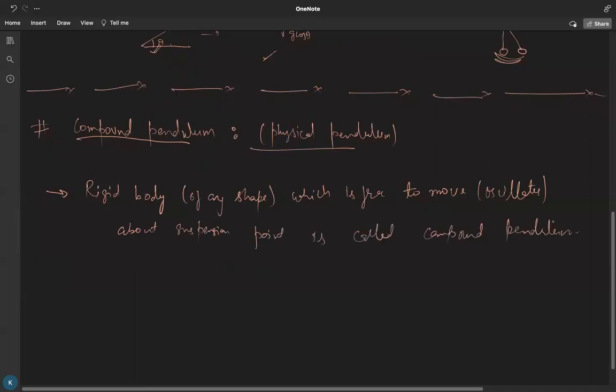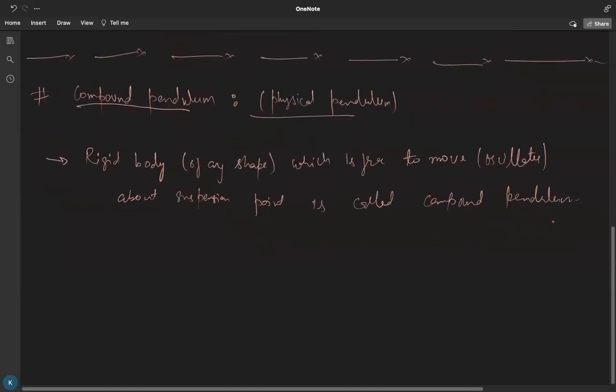So any rigid body which is free to oscillate about the suspension point, of any shape, is called a compound pendulum.